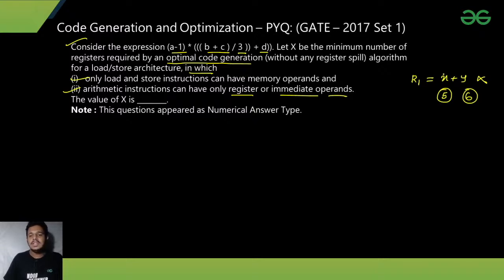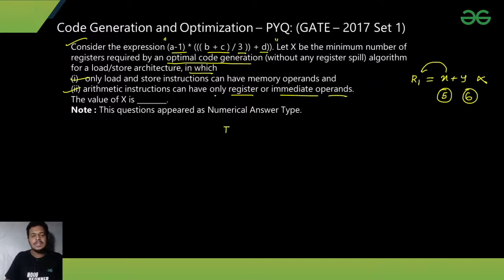So for every variable, first we need to load it into some register and then we need to use it. Here in the given expression, the first operation that we need to follow is B plus C. So let's use some registers.